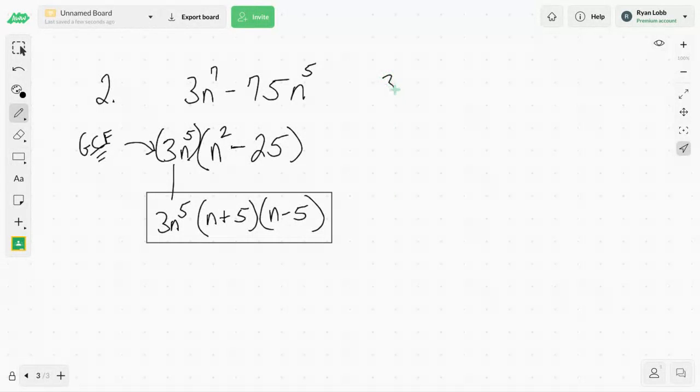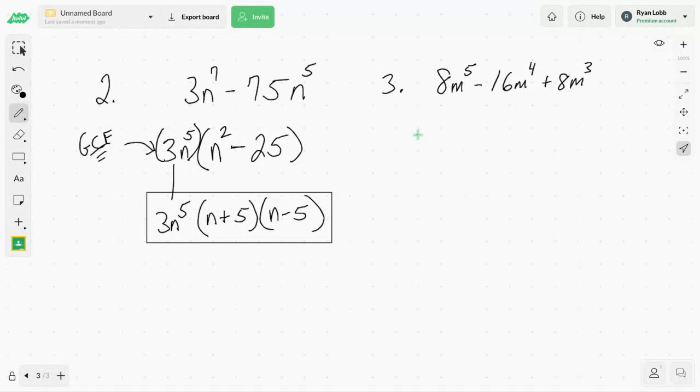And one more. Example 3: we have 8m to the 5th minus 16m to the 4th plus 8m cubed. Here, what do we have?